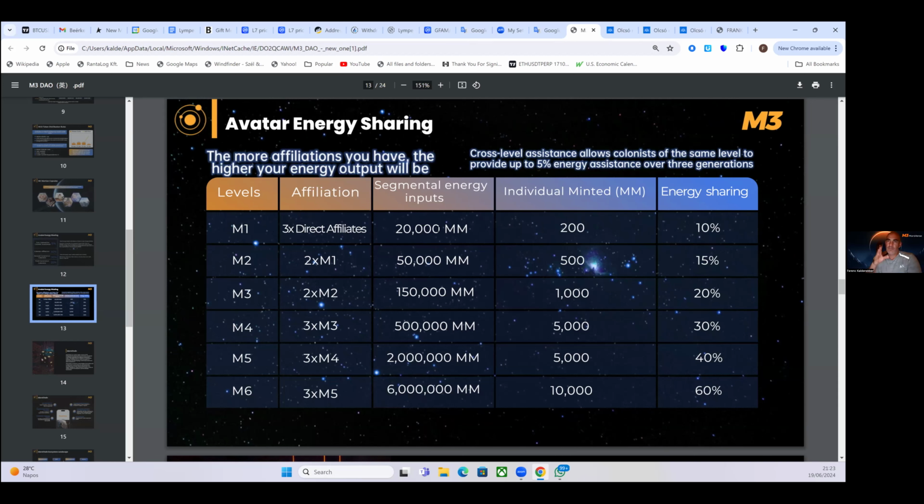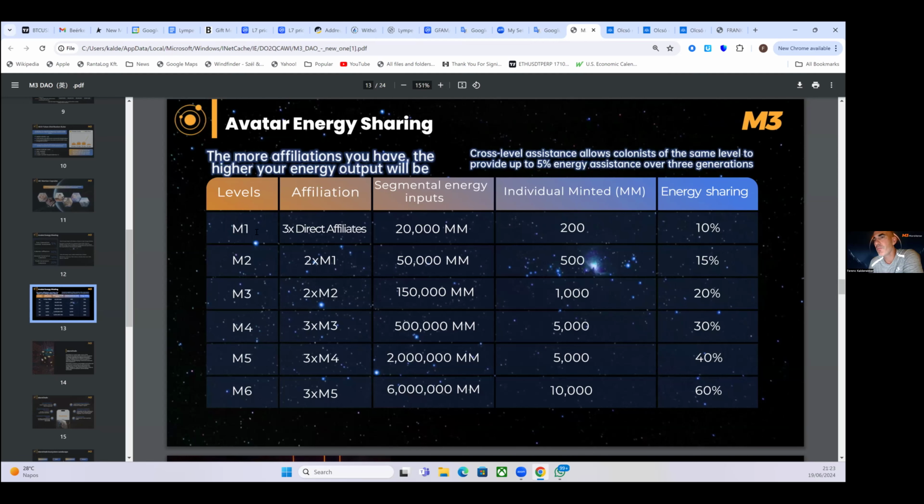So basically you sign up people, one line makes 10K, another line makes 10K, the third line makes maybe 15K. The system excludes the stronger volume and adds together the weaker legs volume. And if the sum of the segmental energy inputs on this sheet reaches over 20,000 volume, then your rank becomes M1.